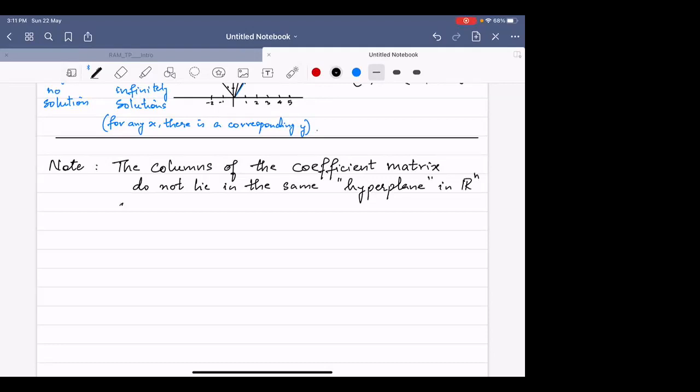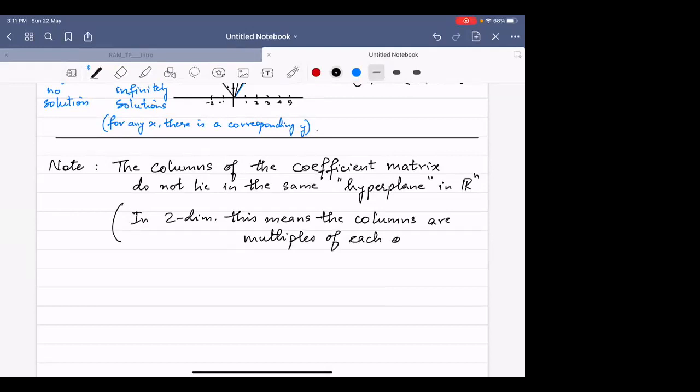So let me just rewrite this. In R2, in 2 dimensions, this means the columns are multiples of each other, just like what we saw earlier.